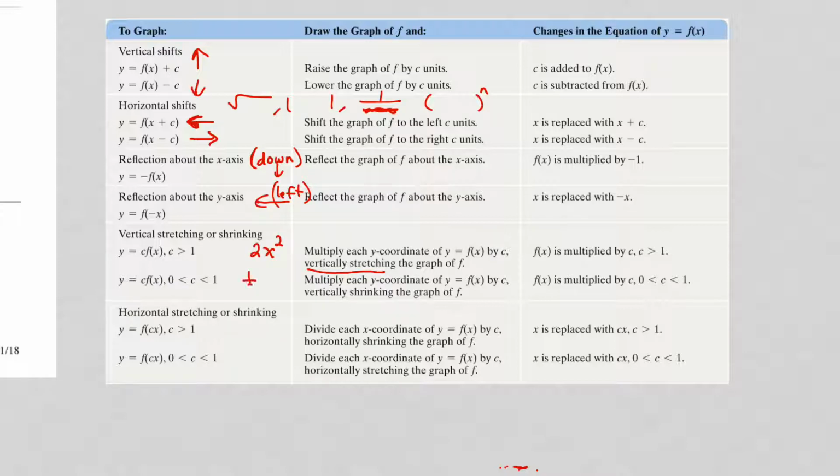If it's 1/2 x squared, then it's a vertical shrink. It looks wider. So remember, this is narrower, and then this is wider.